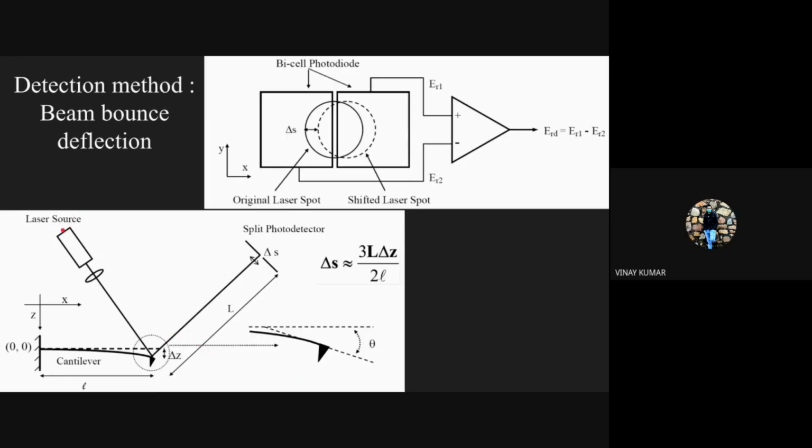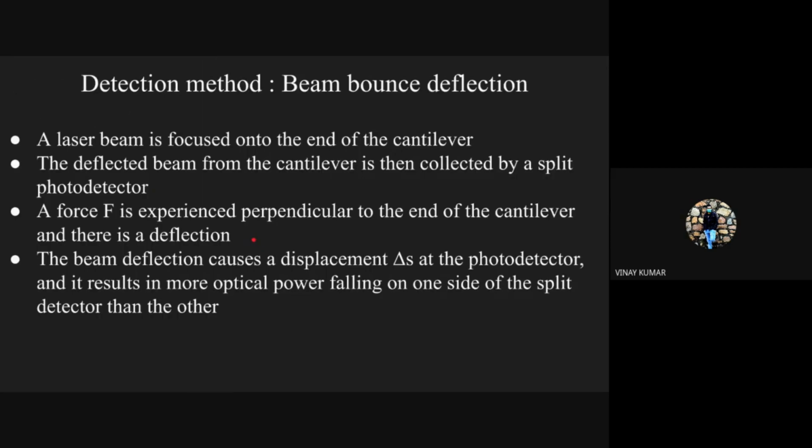After the laser source emits the beam and it strikes the cantilever, it reflects back to the split photodetector. This setup is called the deflection method, or beam bounce deflection. A laser beam is focused on the end of the cantilever. A force F is experienced perpendicular to the end of the cantilever, and there is a deflection.